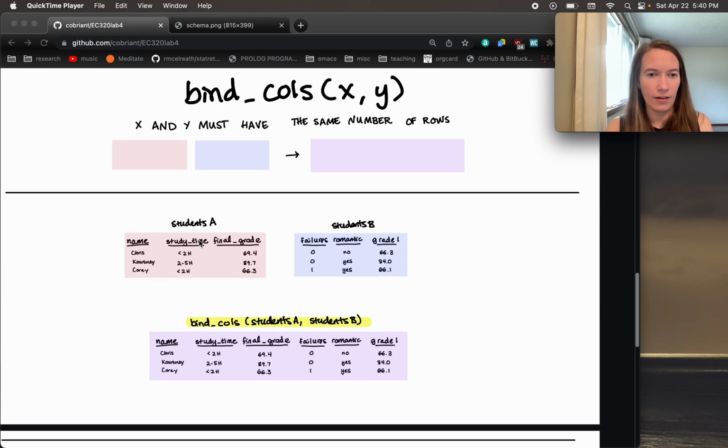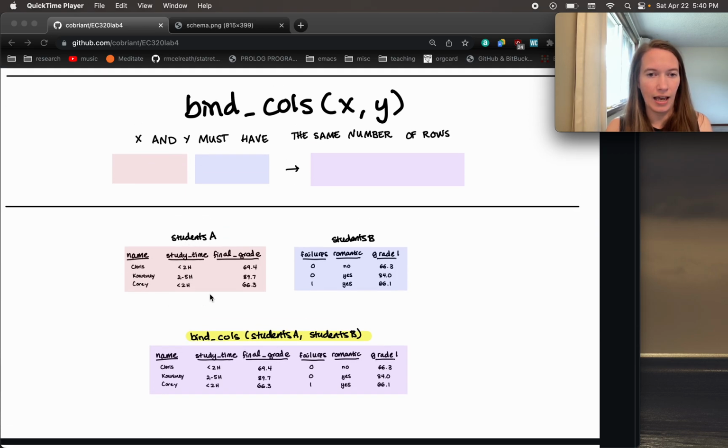So if we have, for instance, students A is people's name, their study time, and then their final grade. And then students B is not information about other students. It's more data about these same students. Then we would want to treat them as columns here and just put them next to each other.